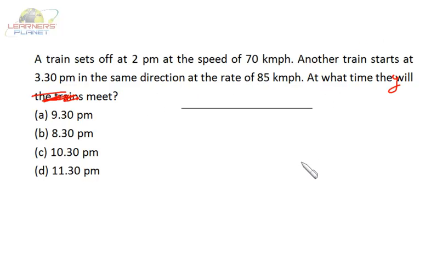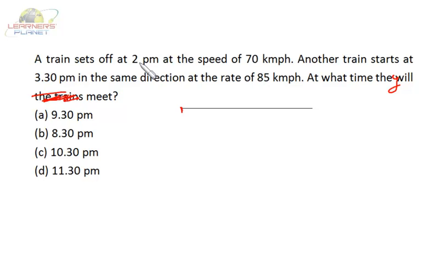Now, this first train is starting at 2 p.m. with the speed of 70 km per hour. Suppose both of them are starting from this particular point. The first train starts at 2 p.m. and the other train starts at 3:30 p.m. That means the difference between them is 1.5 hours.